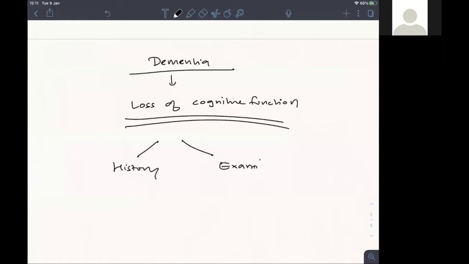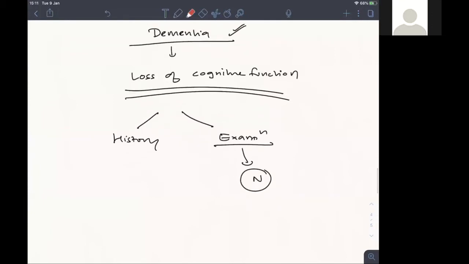But in your dementia case, your motor examination may be normal. So in a case of dementia, the main focus has to be on history, because it's the history that will give you a clear idea of what is the type of dementia and how to approach the case further, what investigations to make, and so forth.